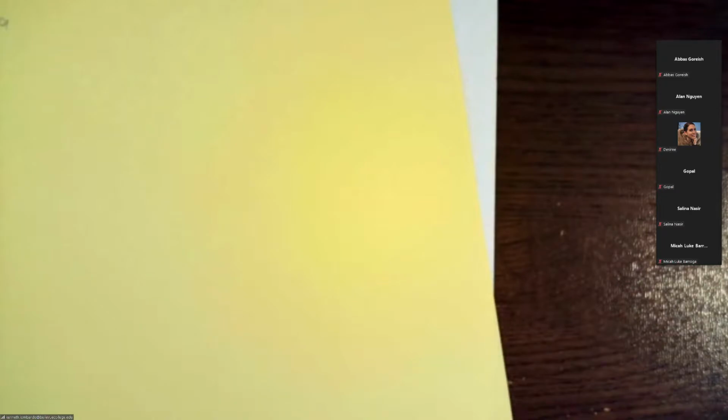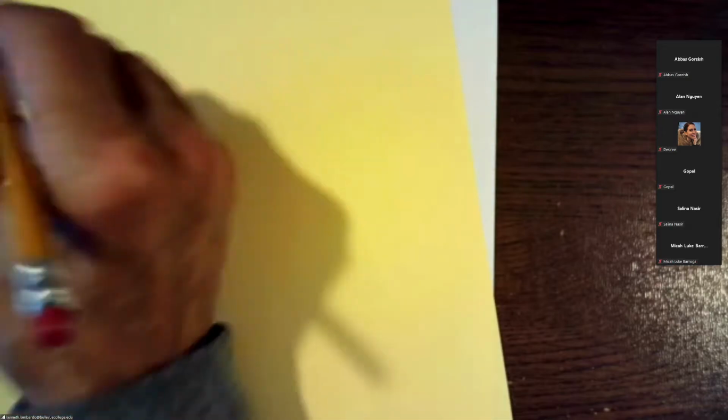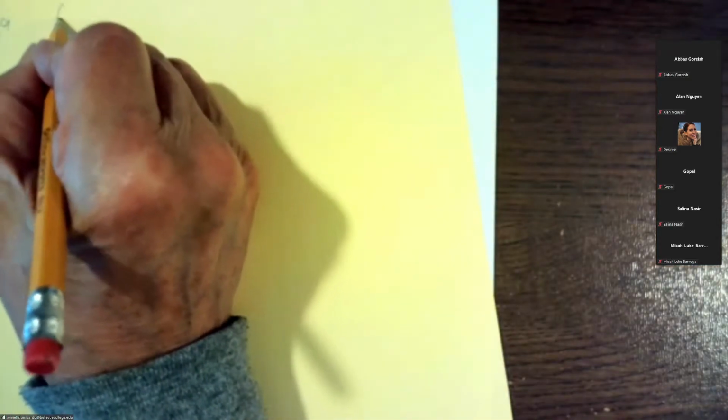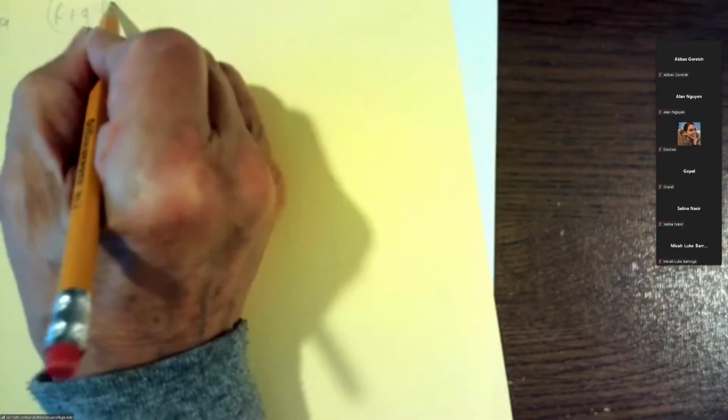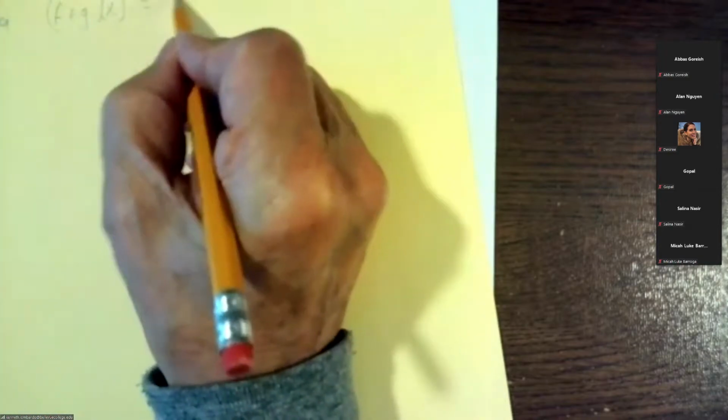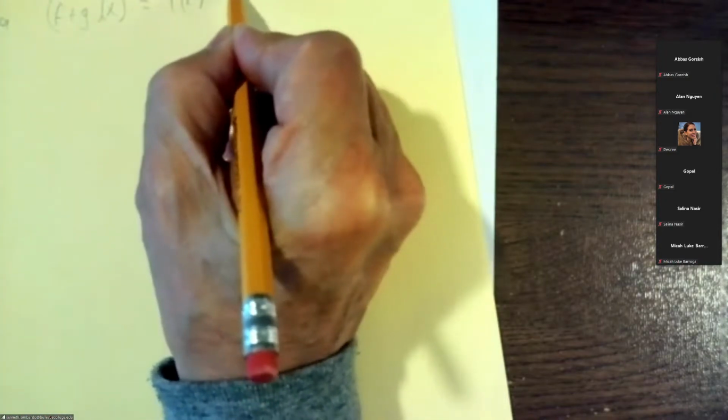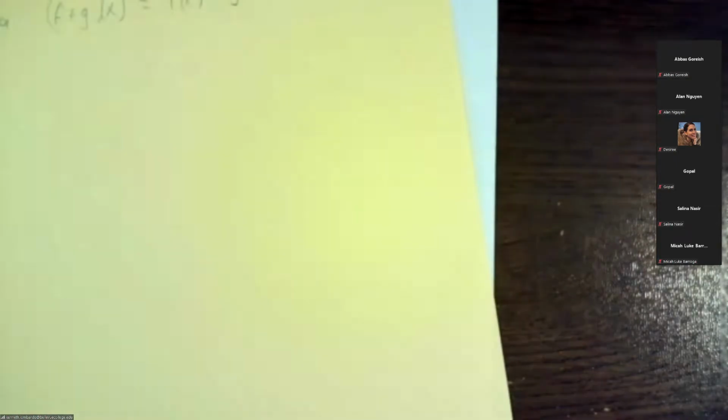1.7, 89. That says graph f plus g of x, right? Which looks like f of x plus g of x, doesn't it? And it shows you the graphs.